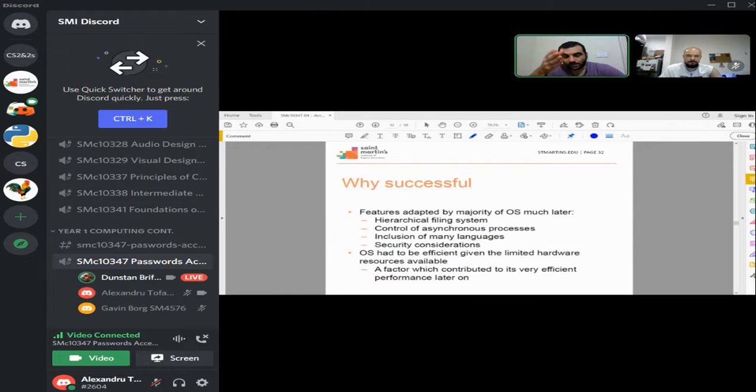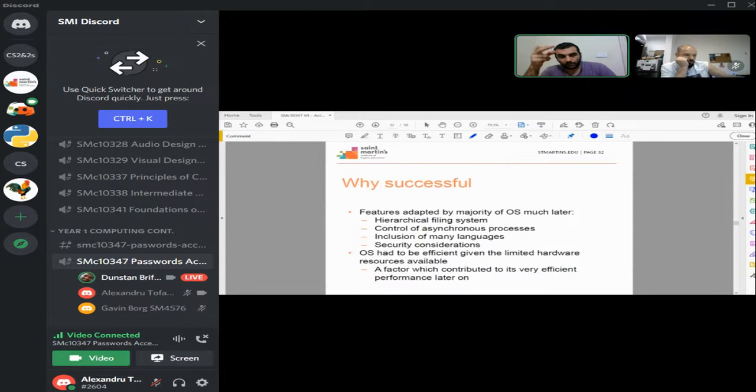Even something simple like the inclusion of different languages: the original operating systems like Windows, and maybe also the Mac, I'm not sure about the Mac now, were only in English. They only provided an interface in English, which automatically limited the number of people that could use them.